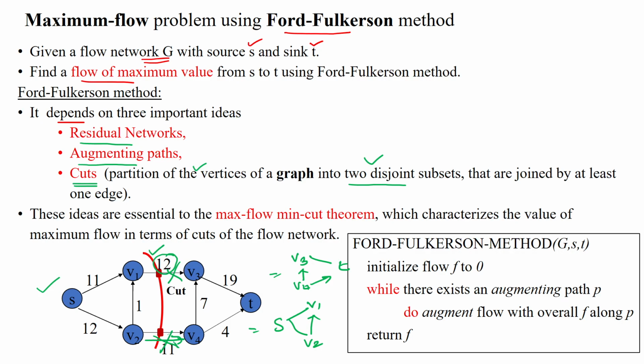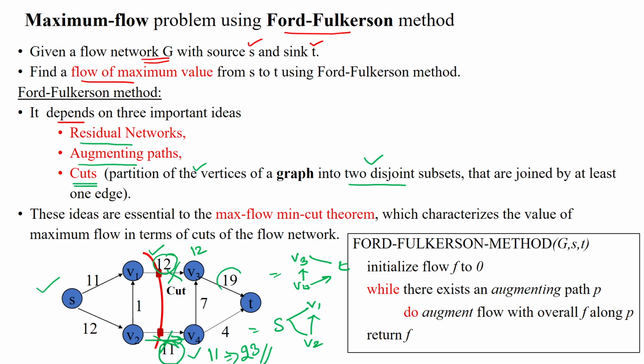The total of these edges which we are removing: V2 to V4 has 11, and V1 to V3 has 12. So 12 plus 11, the total edge cost is 23. So this is the value which can be carried by this particular graph, or network.